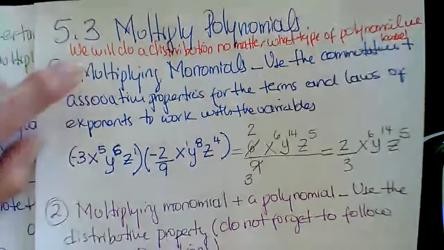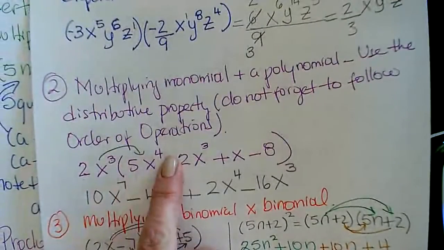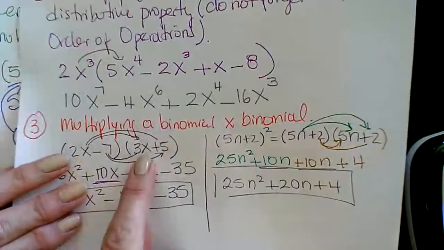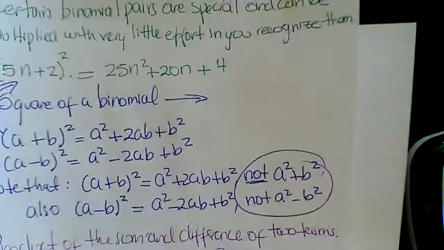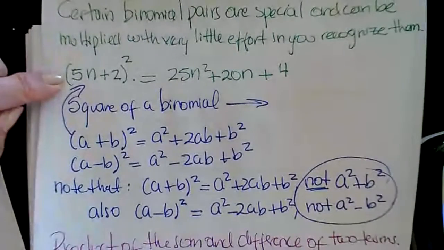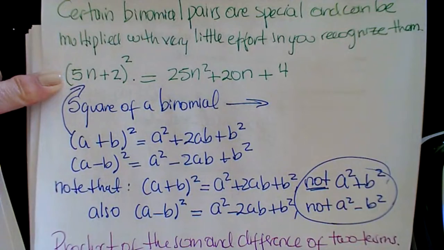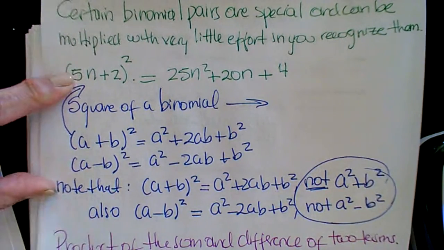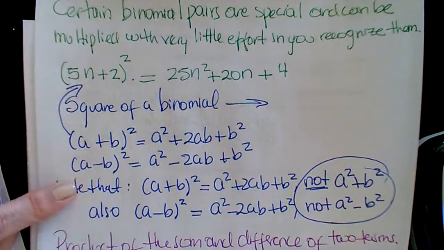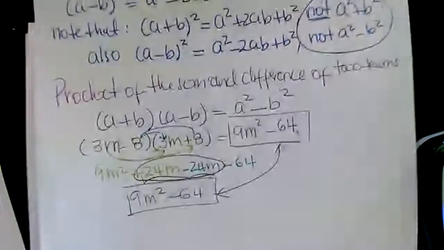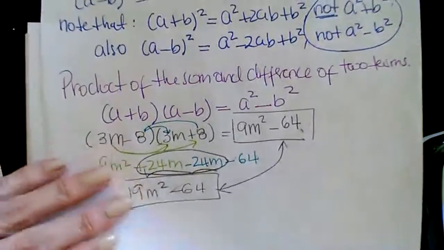We just did that. You just do distribution. We did the monomial by a polynomial, binomial by binomial. Then we did certain binomials per special products. And if we remember, we will be saving some time. If not, that's okay. You can still do it the way we've been doing it.